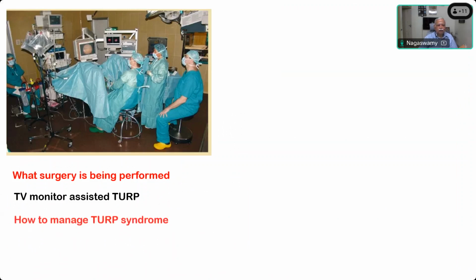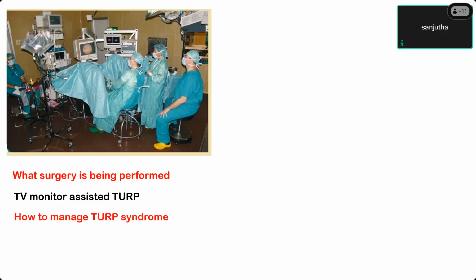They can visualize that. So how do you manage TURP syndrome? It depends on the serum sodium level and the patient symptoms, sir. So usually it will be resolved by restricting the fluid and giving diuretics. Very good. Supposing sodium is very low, how do you correct it?